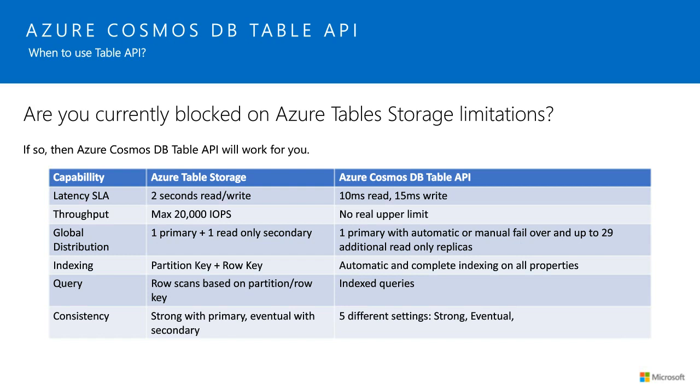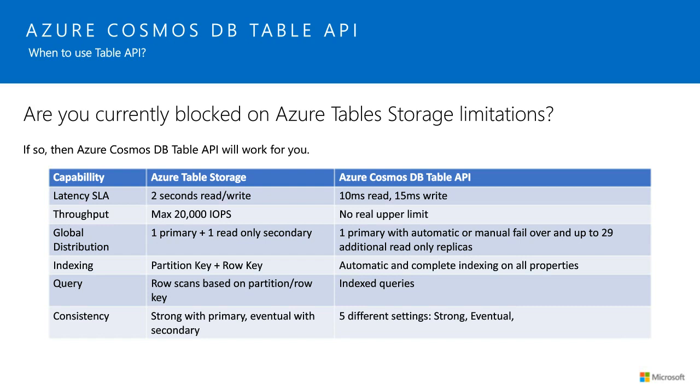There's also a few differences in indexing, where partition key and row key are indexed in table storage, whereas there's automatic indexing on all properties in Cosmos DB Table API. Querying, you can have row scans based on a partition or row key, but every query in Cosmos DB uses or tries to use the index based on the specific case. And last but not least, the consistency settings will be different based on your solution.